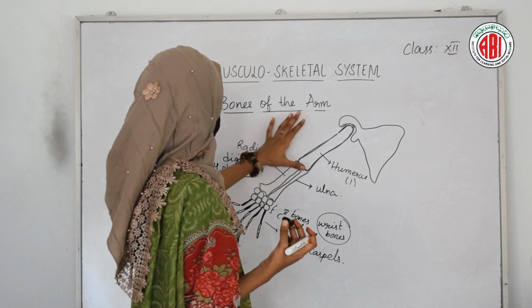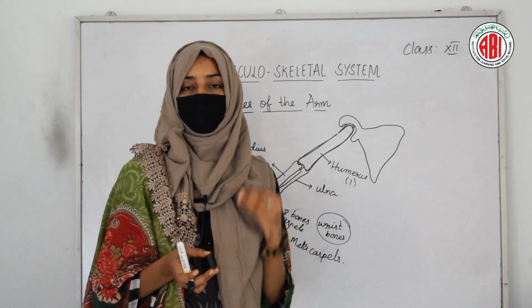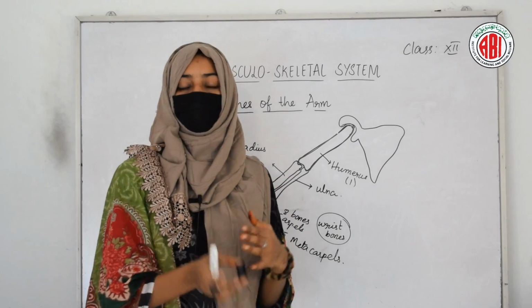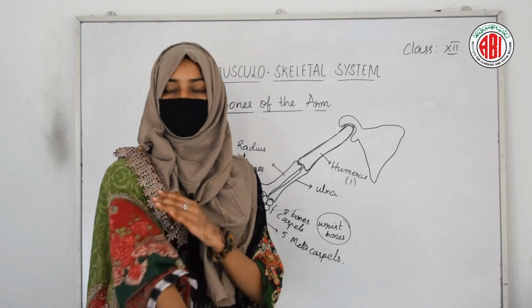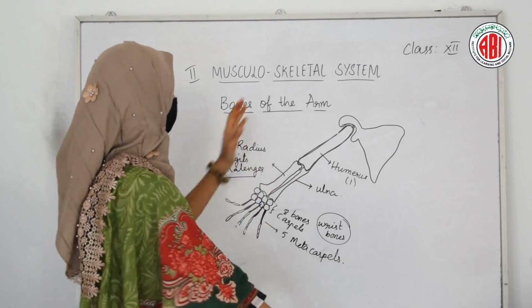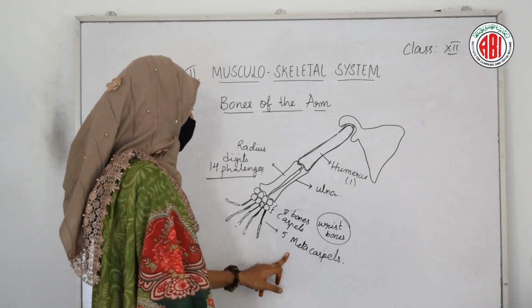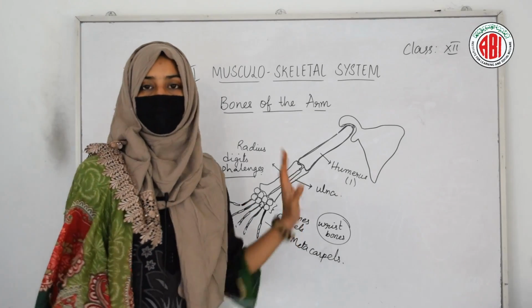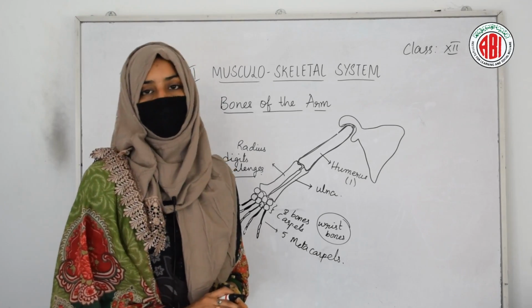This is how the different bones get attached with each other in order to form an organ called hand. So in our arm, you can find humerus, radius, ulna, carpals, metacarpals and phalanges. These are the different bones that you can see in your arm.